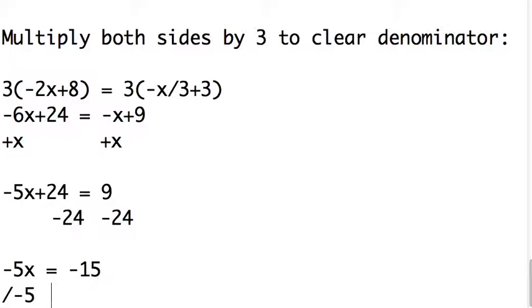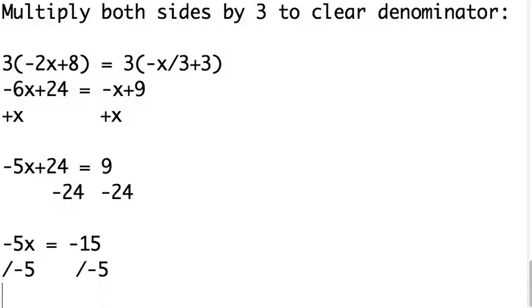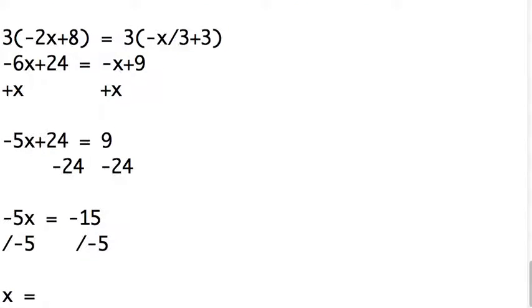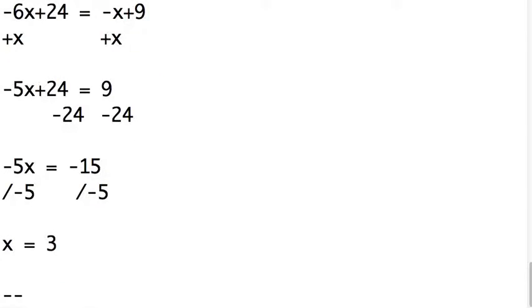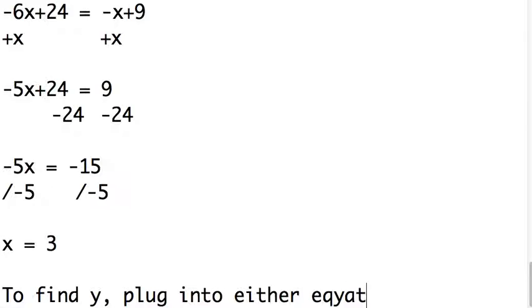So I divide both sides by negative 5. So I get x is equal to negative divided by negative is positive, 15 divided by 5 is 3, so I get x is 3. To figure out what y is, plug into either equation.